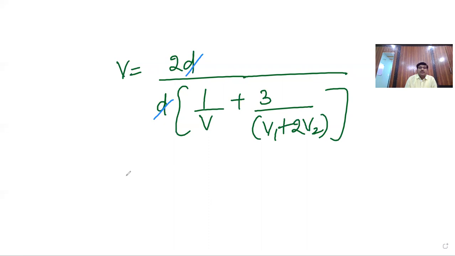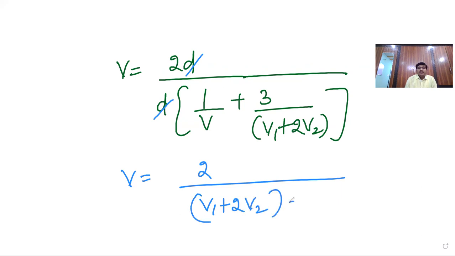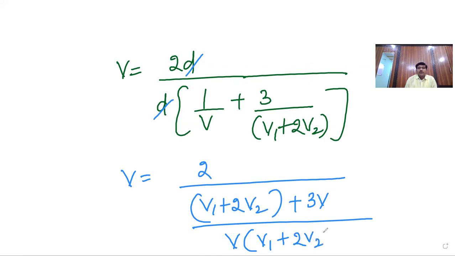On simplification, if I take the LCM, this becomes v1 plus 2v2 plus 3v divided by v into v1 plus 2v2.